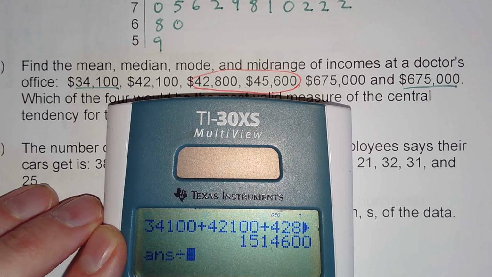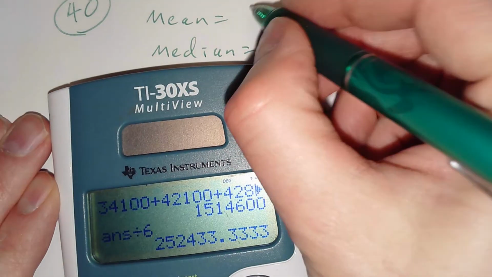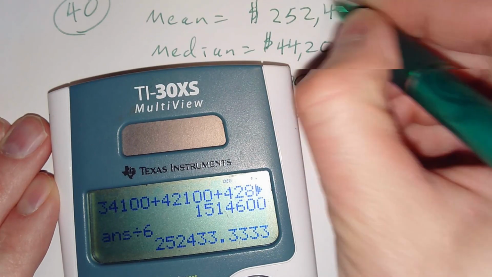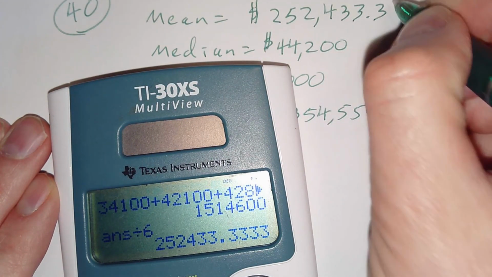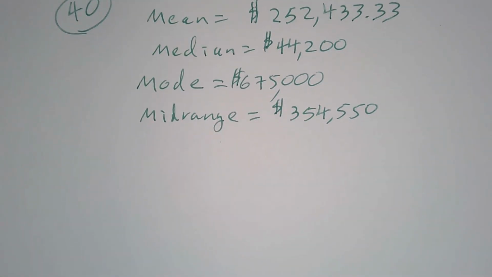And then we're going to divide by 6. Oh, well, that's kind of a funny number. I guess we'll round to the nearest cent. So there is our mean, median, mode, and mid-range.